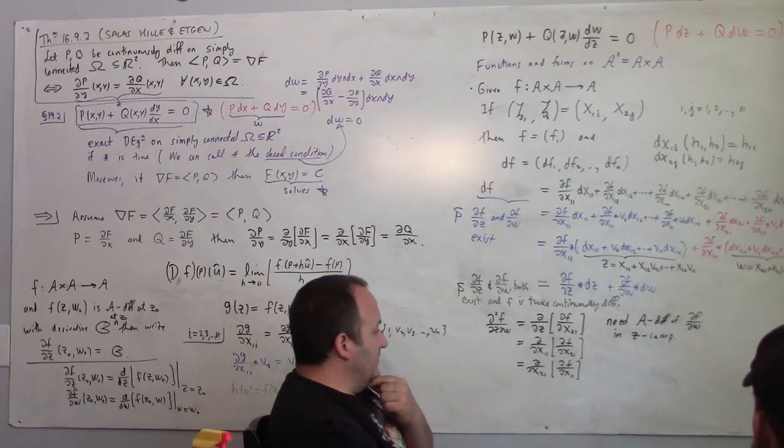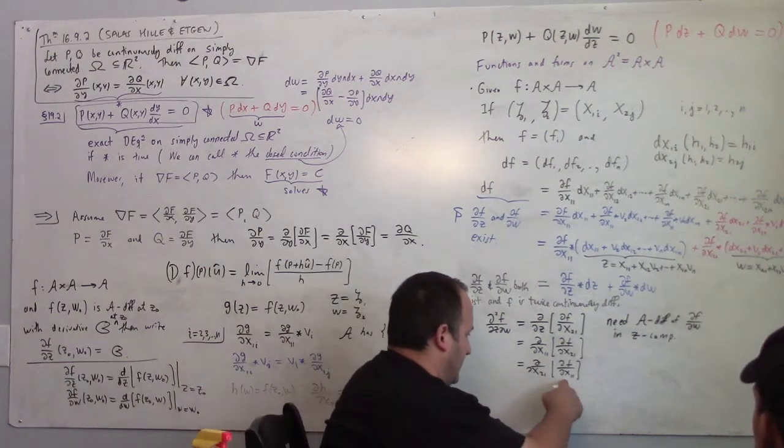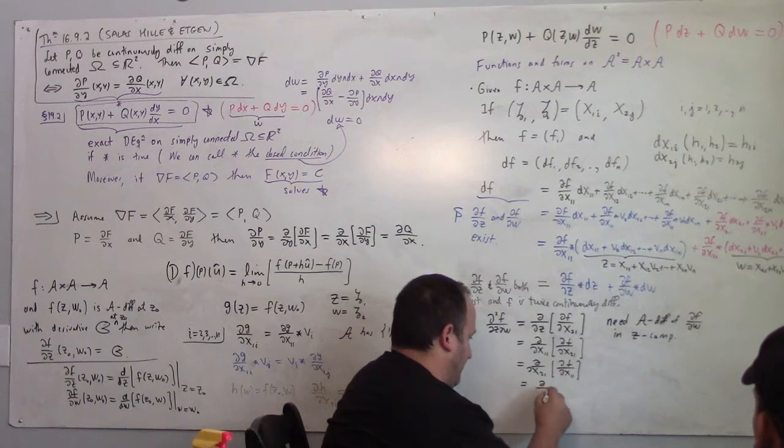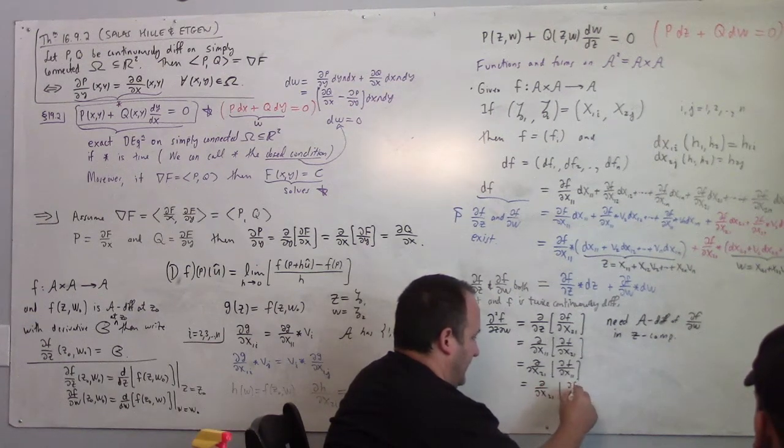And, all right, so this, of course, is partial F, partial Z, right?